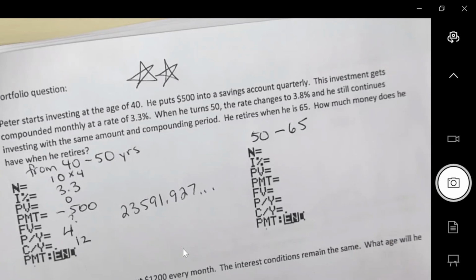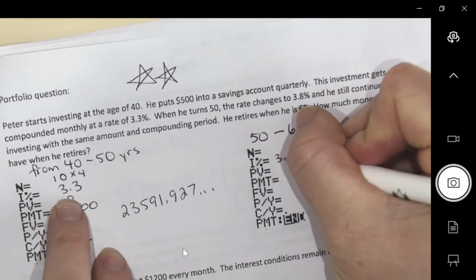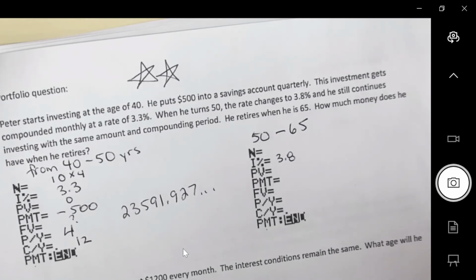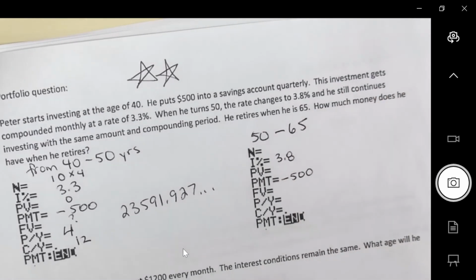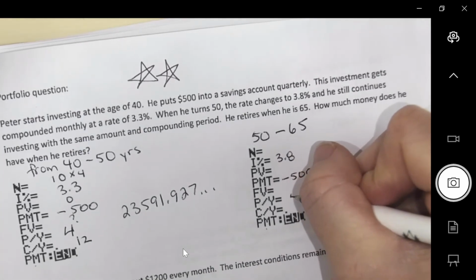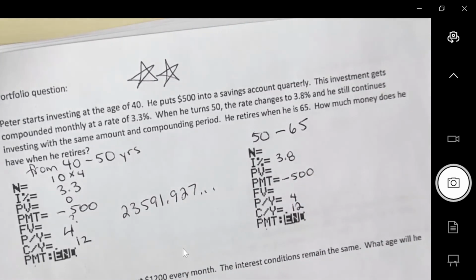Same criteria, except 3.8 is now the percent. Payment is still minus 500, still 4 times a year, still compounds 12. But everything else we're going to have to change here.